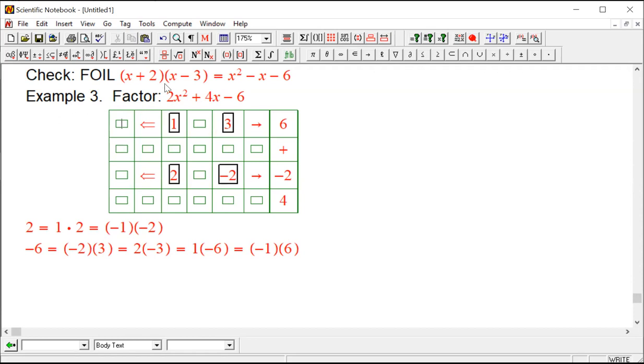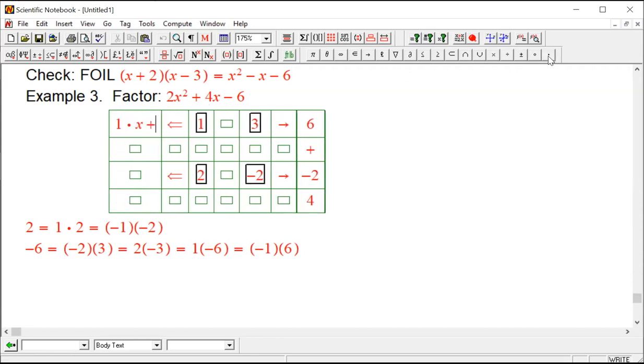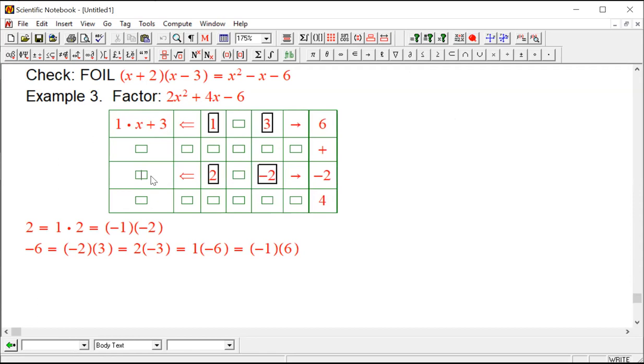Now we're going to compose our factors the same way. So take 1 and 3: 1 times x plus 3, and this one is 2 times x plus -2. That's a -2.